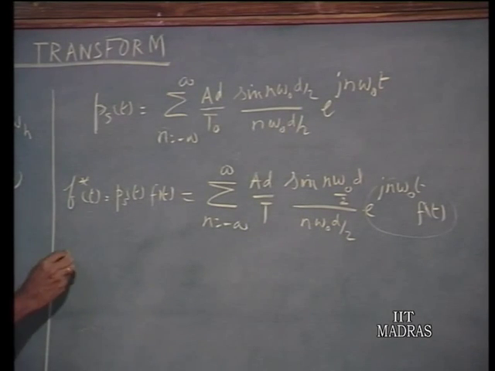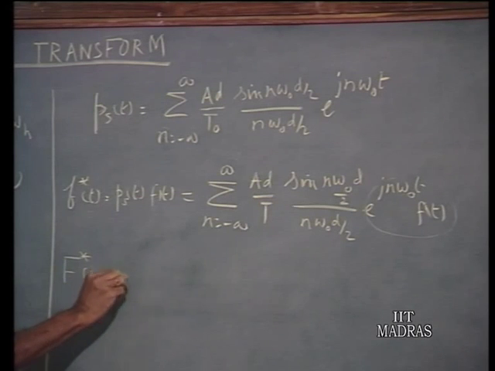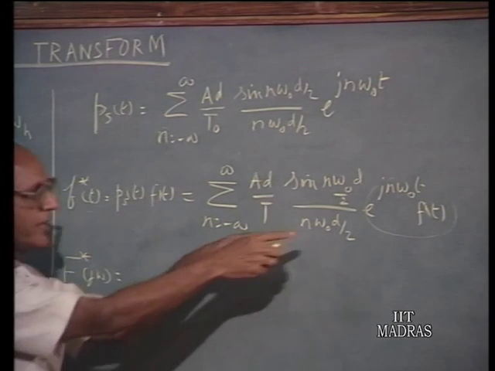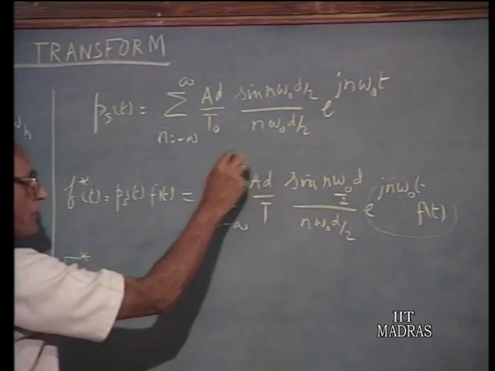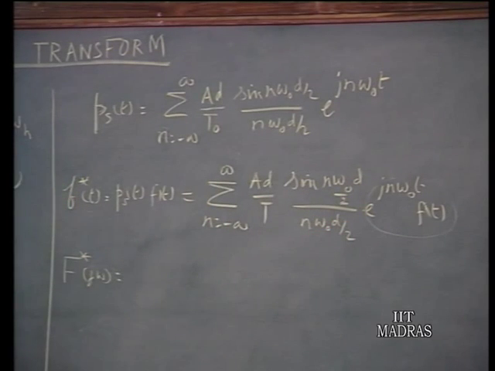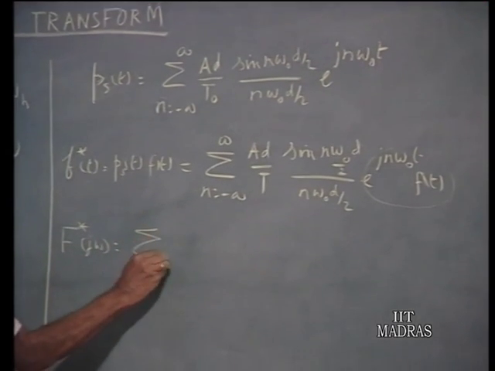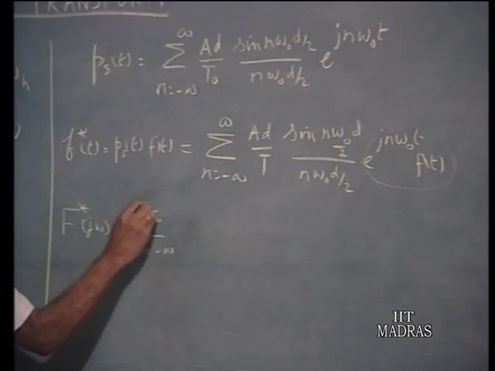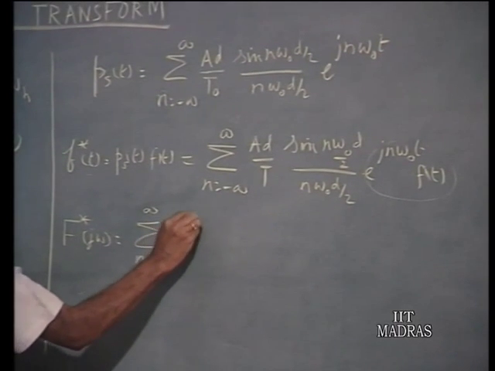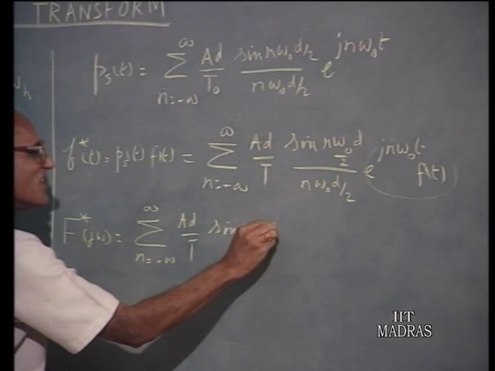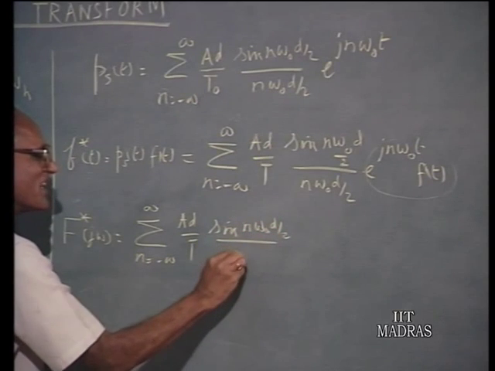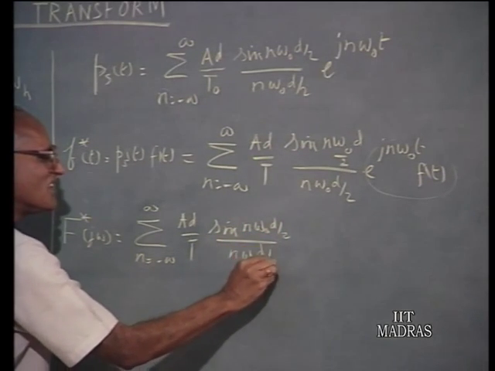Now, to find out the Fourier transform of this, we can find out the Fourier transform of each individual term and add them up. And since this is purely a constant as far as time is concerned, we can write this as the sum over n from minus infinity to plus infinity of a d upon t naught, sin of n omega naught d upon 2 by n omega naught d upon 2.